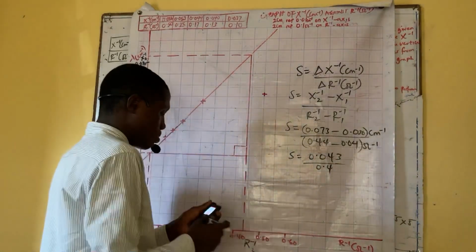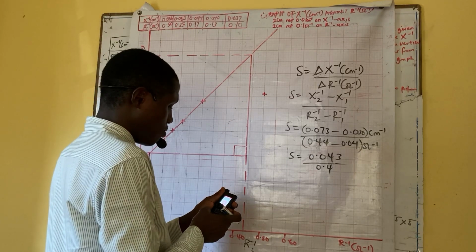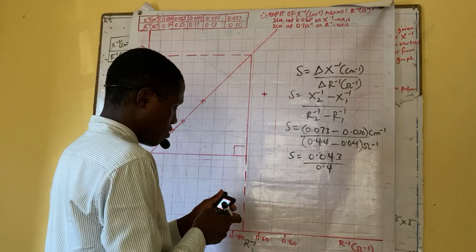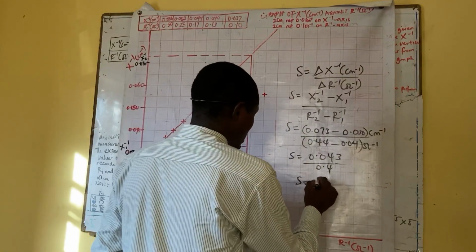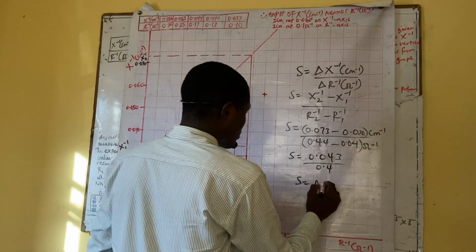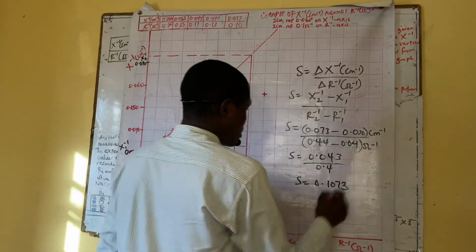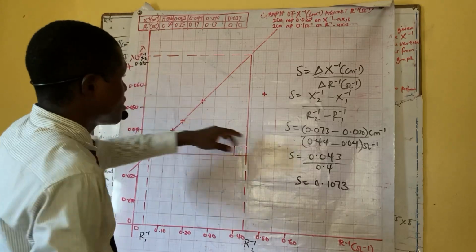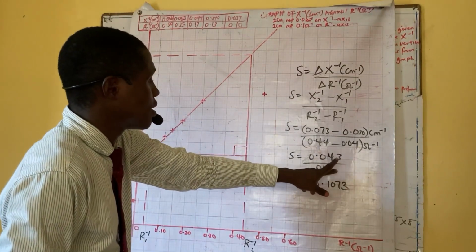So when you divide this one, 0.043 divided by 0.4, slope is equal to 0.1073. So S inverse 0.03 minus 0.0 gives us 0.043.